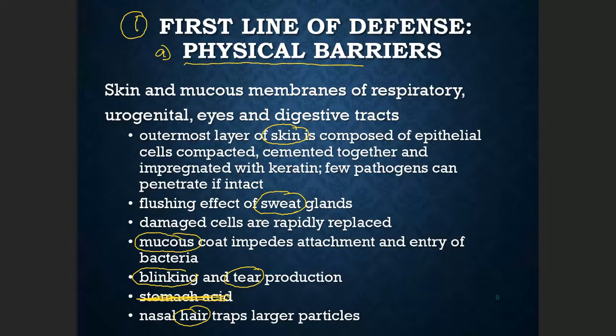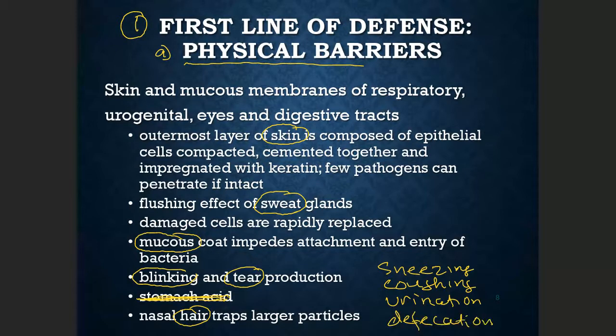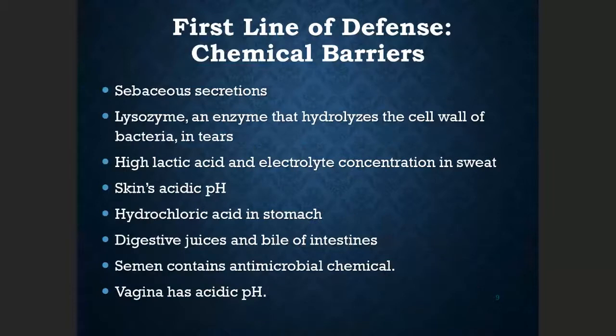Another example is sneezing, coughing, urination, defecation. Those are all examples of physical barriers of the first line of defense. Because when we sneeze, cough, urinate and defecate, we remove a lot of microorganisms from our body. So it protects us from maybe infection.